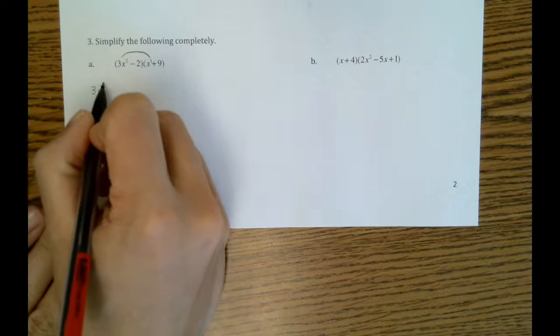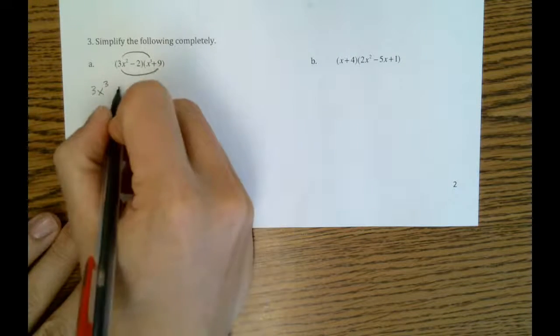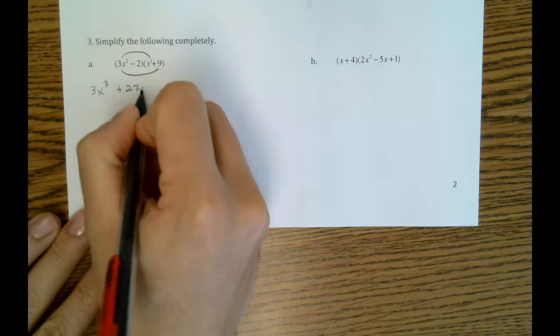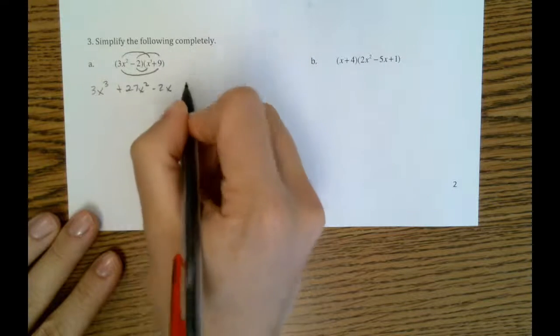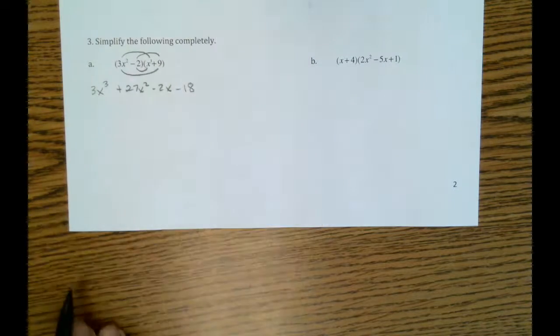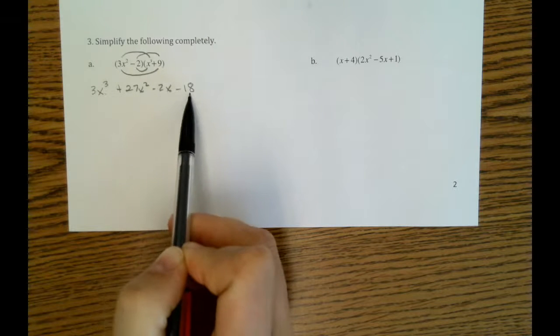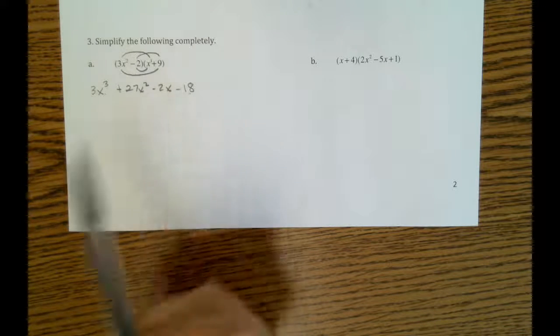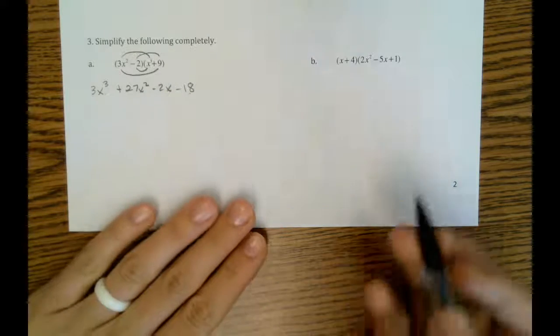So this would be 3x to the third. 3x squared times 9 would be 27x squared. Negative 2 times x is negative 2x. And negative 2 times 9 is negative 18. Now in this case, we have an x cubed, x squared, x, and negative 18. None of those are like terms because they don't have the same variables, so we cannot combine anything.